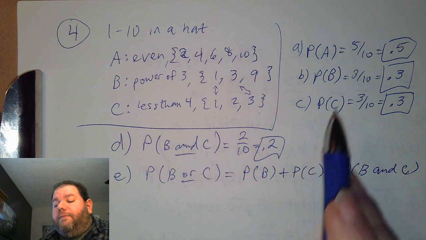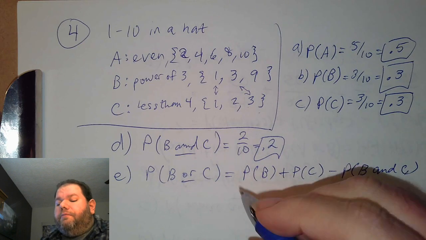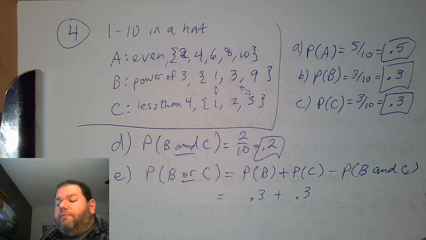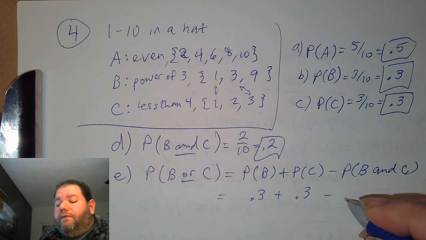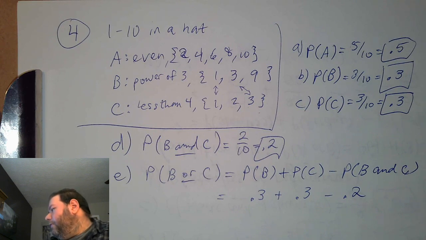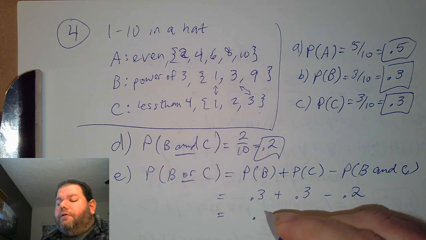We found the probability of B is 0.3, probability of C, 0.3, and we found the probability of B and C, which is 0.2. So for this problem, the way I've set it up is we just find the numbers we already found and plug them in and simplify. And so that'll be 3 and 3 is 6, minus 2 is 4, so 0.4.